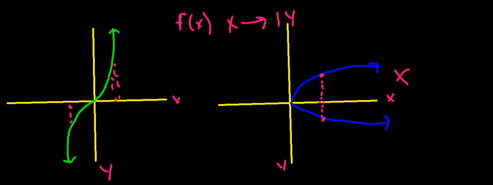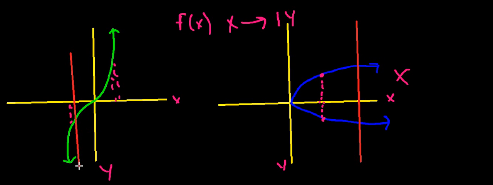So we've developed a very simple and easy test to tell whether a graph is a function or not. It's called the vertical line test. What we do is we draw a vertical line, and if the graph intersects this line twice, then it's not a function.